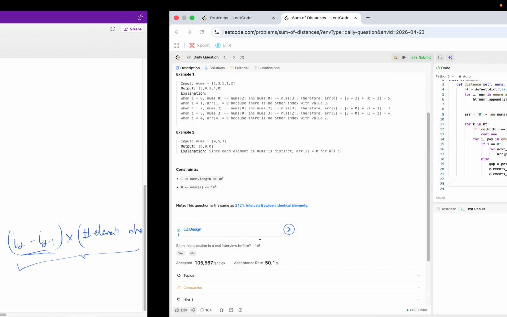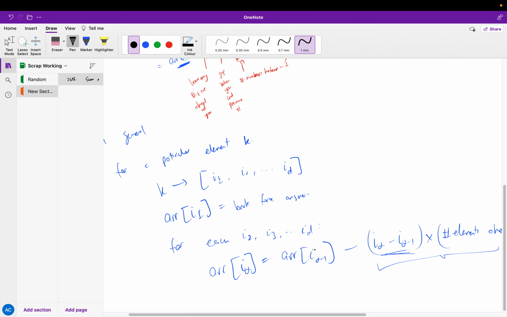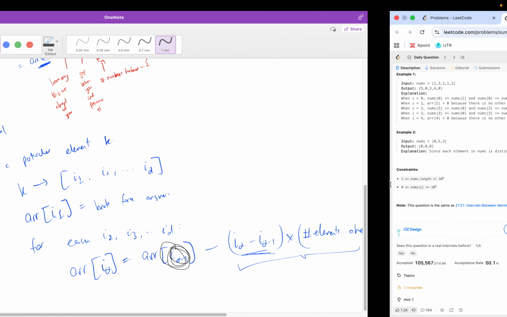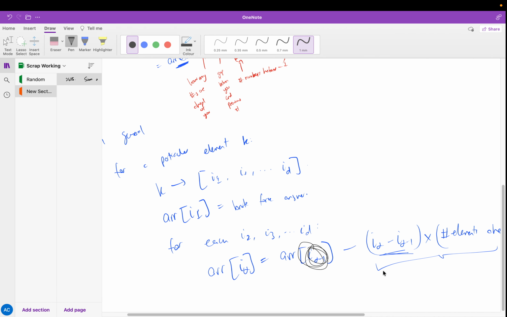array at this particular position is equal to the array at the other position, ht at k at I minus 1, so that's getting this value, minus the gap times the elements ahead.